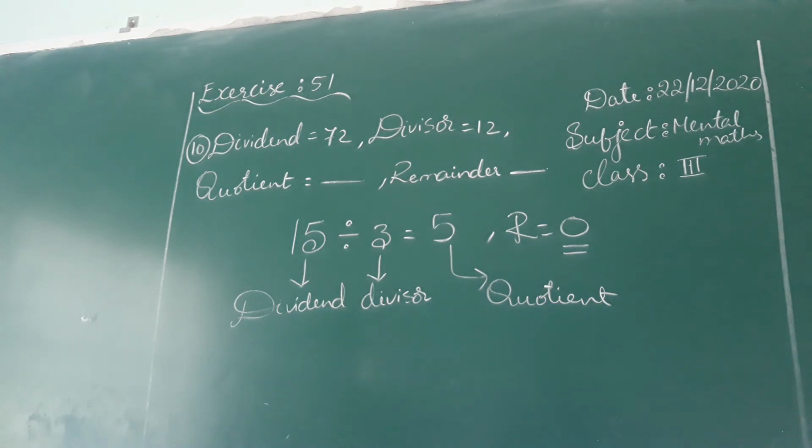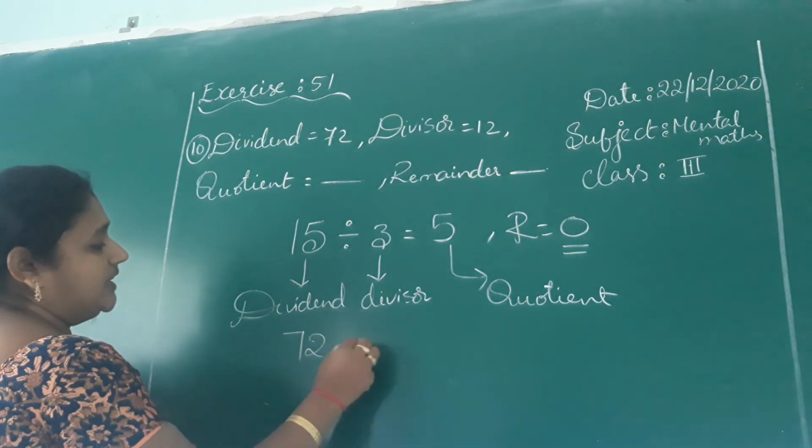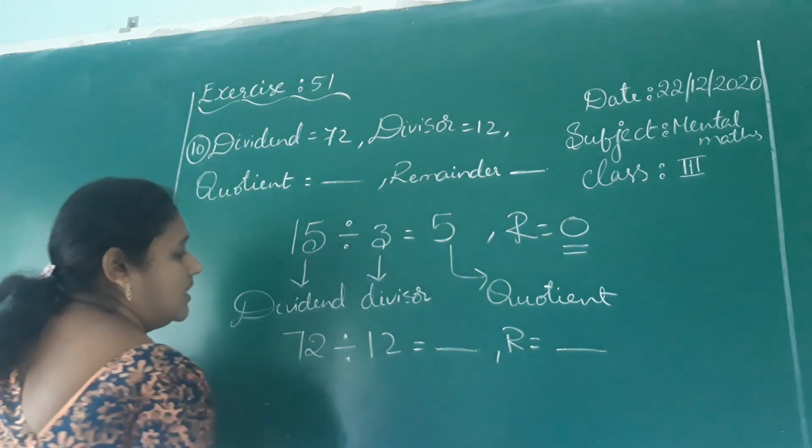Based on these terms, they are giving the data: 72 divided by 12 equal to something, and the remainder equal to how much.